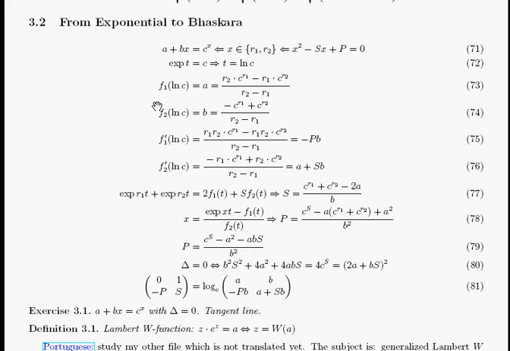Then we go back to those equations, and f1 of logarithm of C is A, f2 is B, and who is the derivative? We do the calculations and appears minus P B, and f2 prime of the logarithm of C is A plus S B.